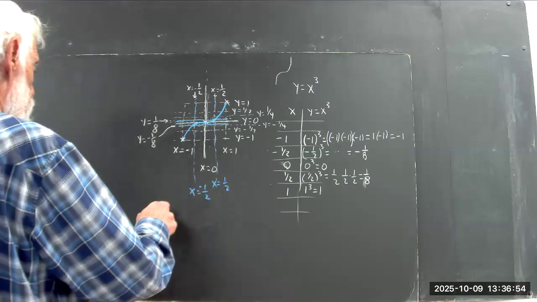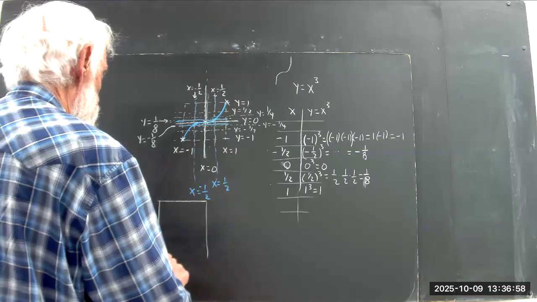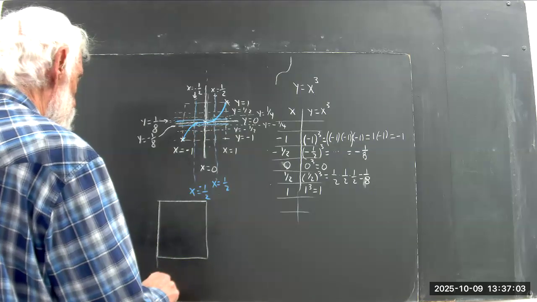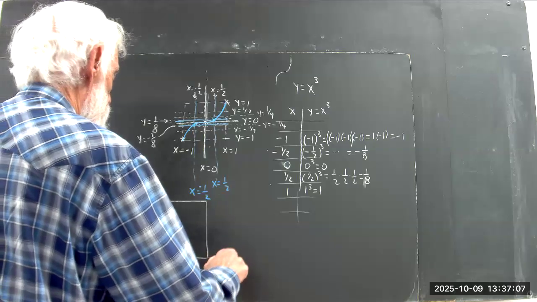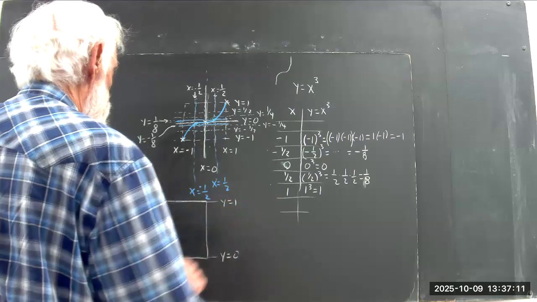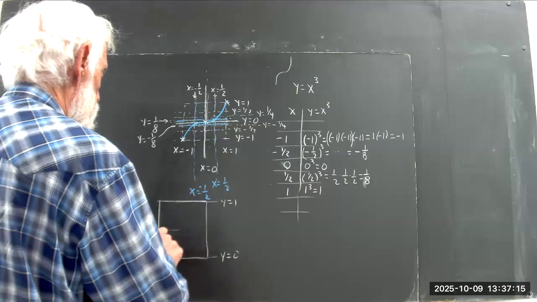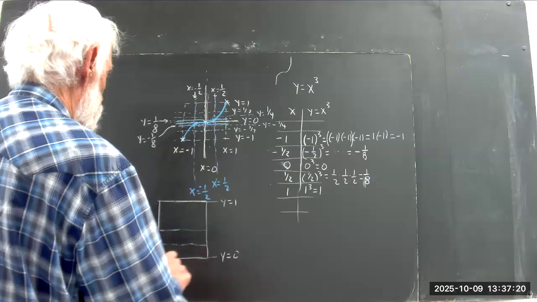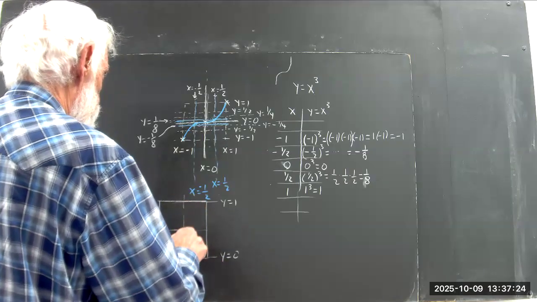In the first quadrant, then, we have the 1/2 line, the 1/4 line, the 1/8 line.